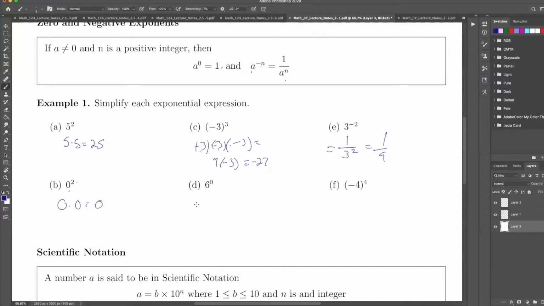6 to the 0 is defined to be 1. And why do we define it to be 1? Why is anything raised to the 0 power 1? Well, let's pretend I had x plus 3, and I said technically this is x to the 0 power. What did I mean by that? It means there's a 1 there. It means I have none of them. So if I have no 6s, I have 1.